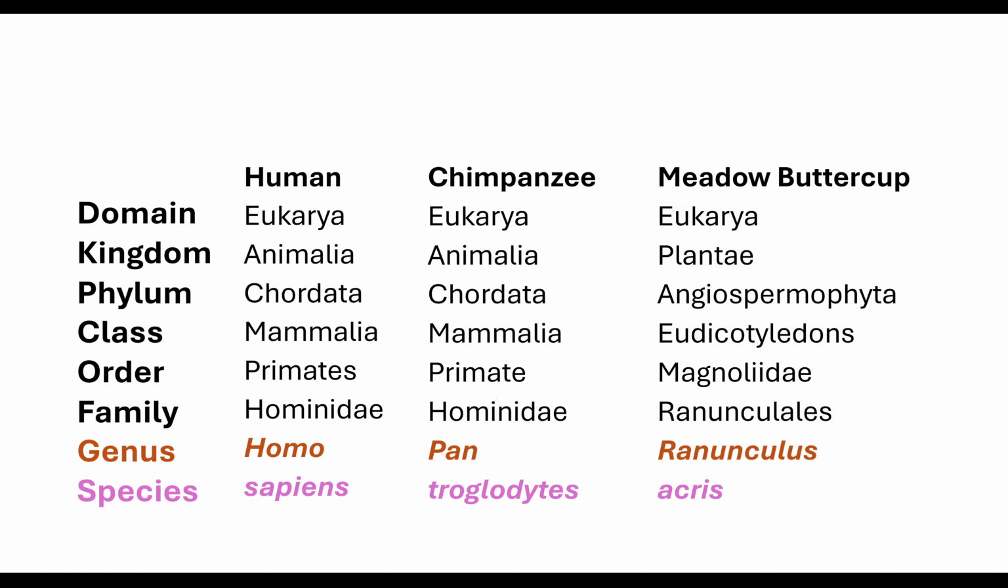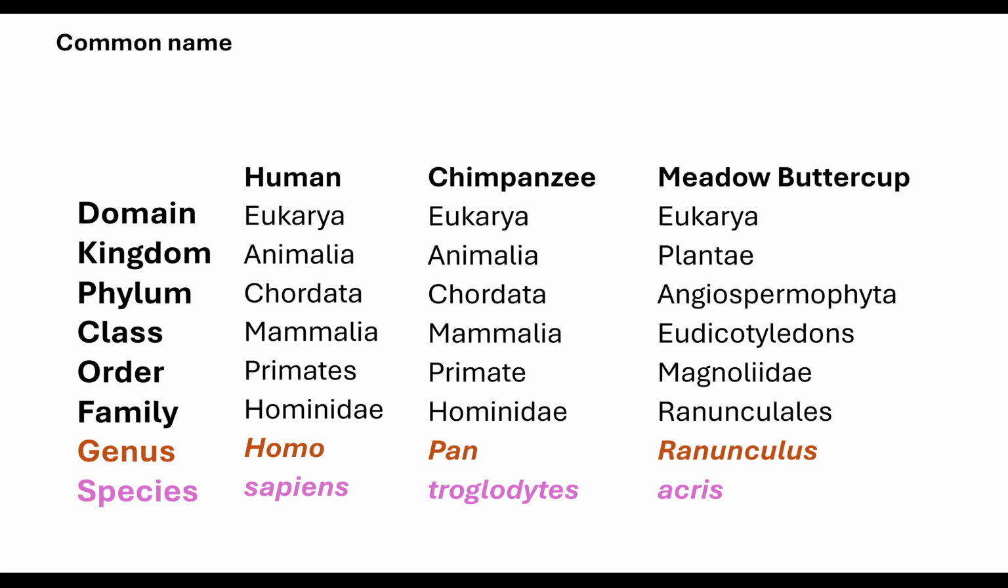And that's important because that is the way in which we classify organisms, by grouping them. So we can see the humans and chimpanzees are grouped together in the kingdom of Animalia, whereas the meadow buttercup is in the kingdom of Plantae. So that's already been separated out when we were grouping the organisms.